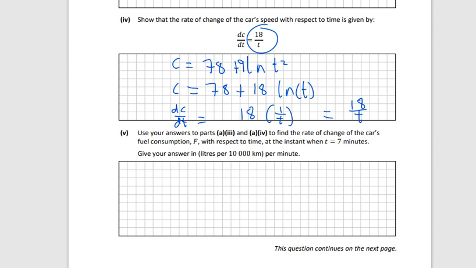Right, for part 5, they want the fuel consumption with respect to time. So they want df/dt. If we use the chain rule, that's df/dc multiplied by dc/dt, because we've been using c. The good thing is that we've worked out what df/dc is already.